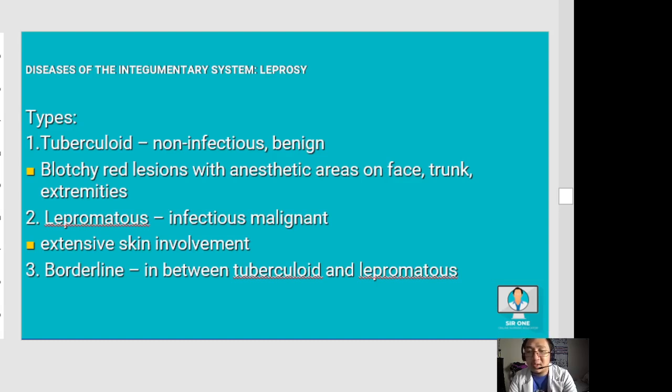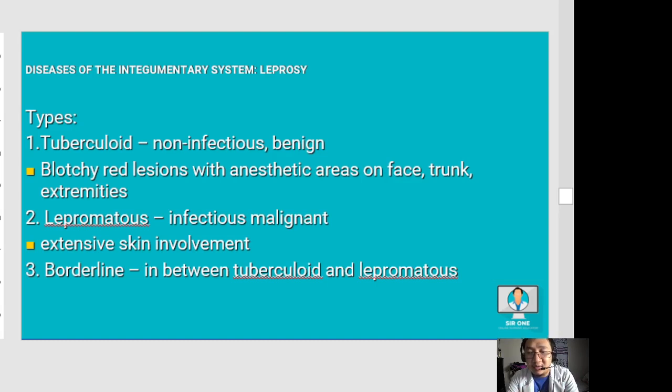There is gradual thickening of the skin, slow involvement of the peripheral nerves with some degree of anesthesia, loss of sensation, atrophy of the skin, and melting of small bones. That's the reason why they have deformities, because of this melting of the bones of the extremities.